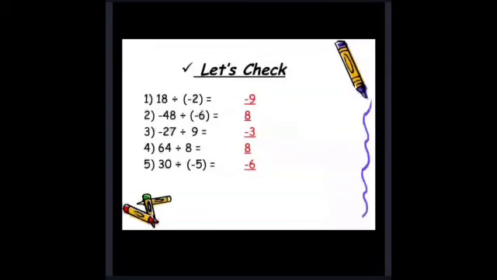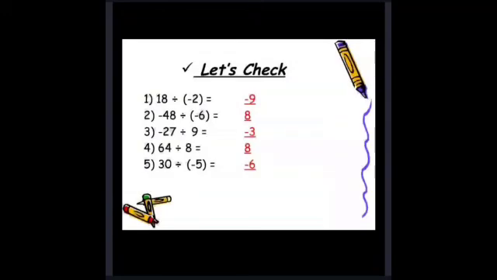In the third example, -27, when it is divided by 9, one number is negative, the second is positive, so the sign will be negative and the answer will be equal to -3. In the fourth part, both the numbers are positive. If both the numbers have the same sign, the sign will be positive and the numbers will be divided.